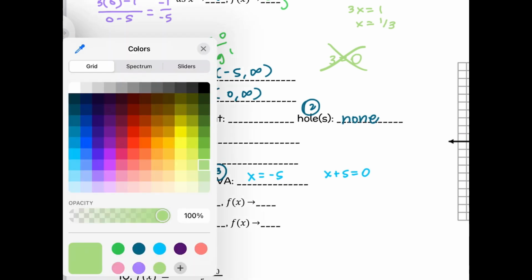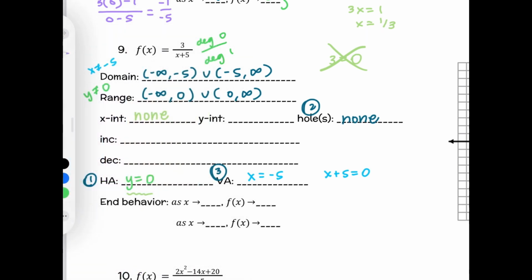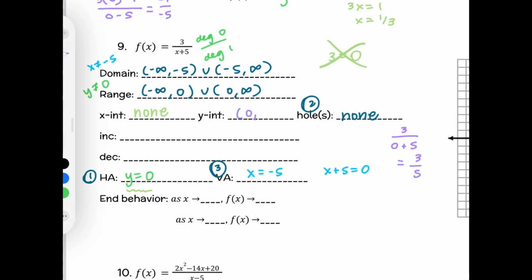Okay? Your y-intercept, plug 0 in for x everywhere there's an x. So 3 over 0 plus 5 equals 3 over 5. So our y-intercept would be 0, 3 over 5.